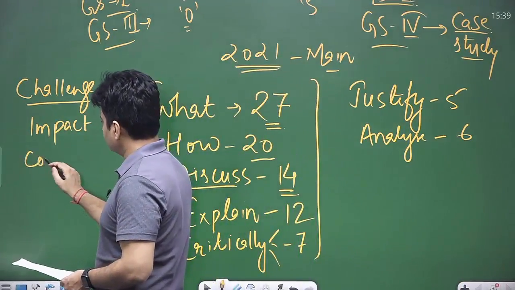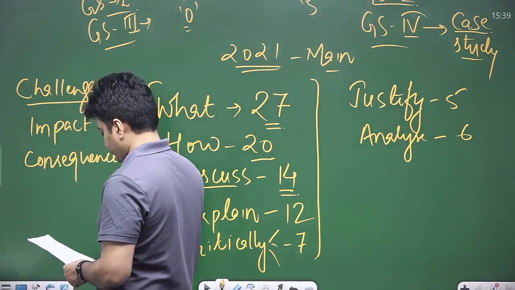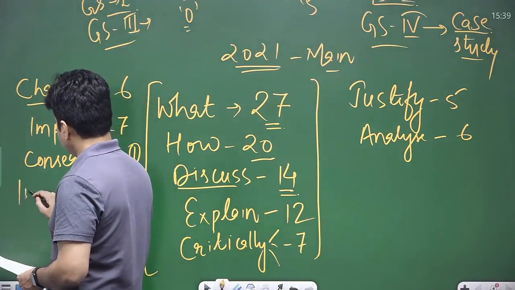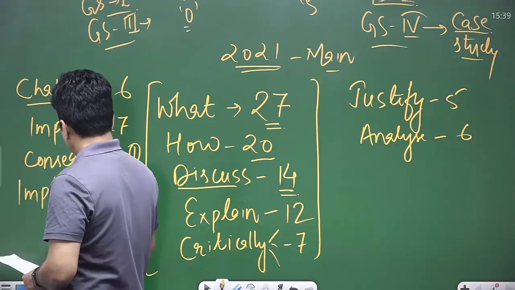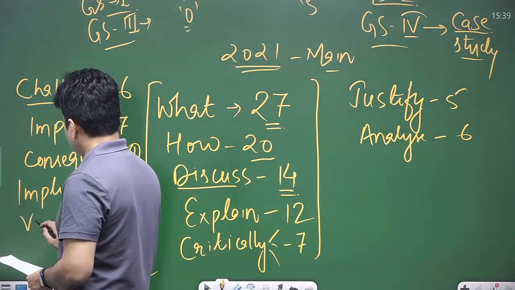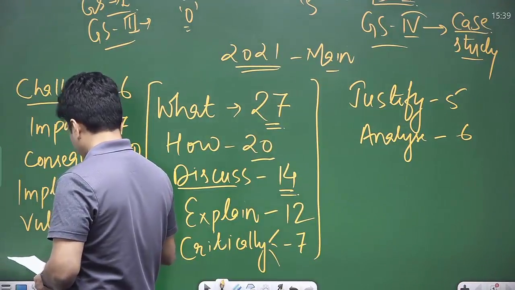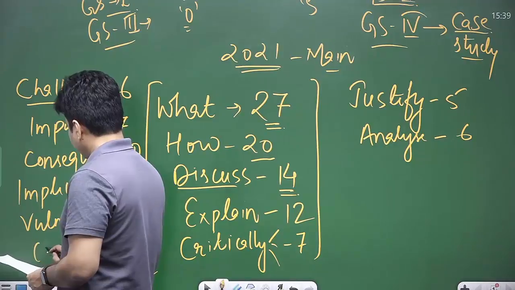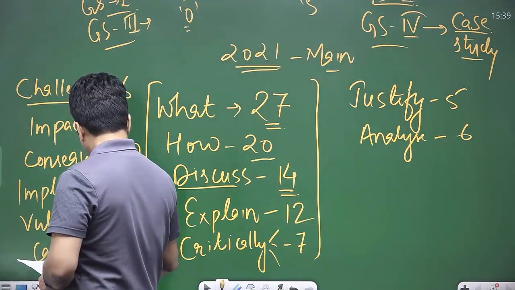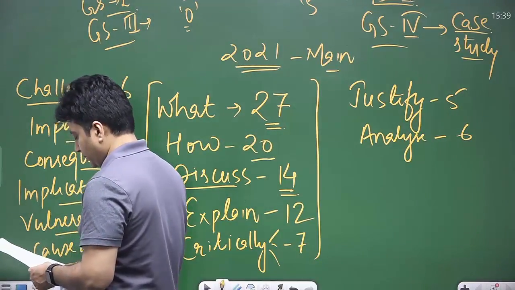Now consequence 1 time, and implications 3 times, vulnerability, cause and effect, right?